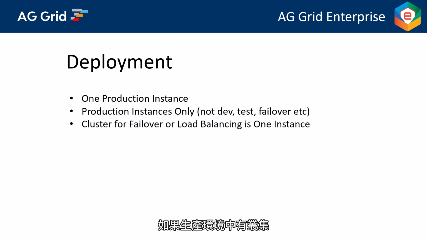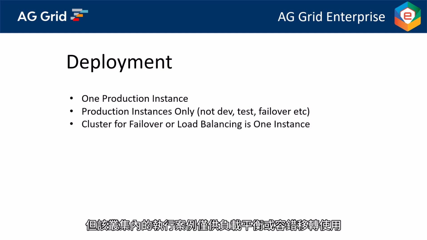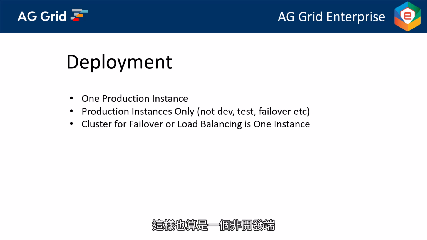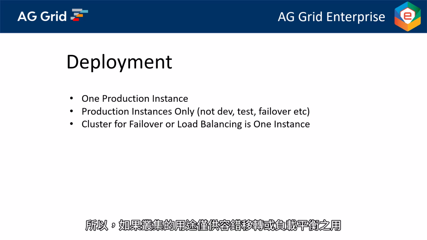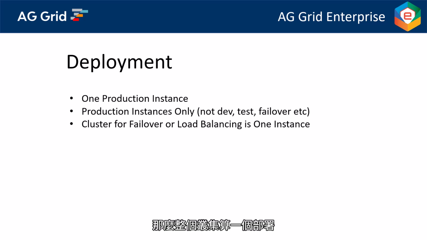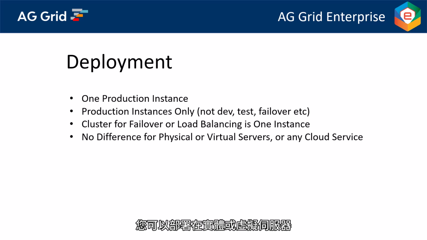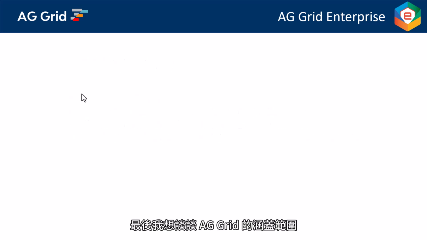If you have a cluster in production and the instances within that cluster are only for load balancing or failover, then that is still counted as one production instance. So again, an entire cluster is one deployment if the purpose of that cluster is just for failover or load balancing. It does not matter if you're deploying on physical servers or virtual servers or any other type of cloud service. I want to finish up on talking about wrapping HG Grid.